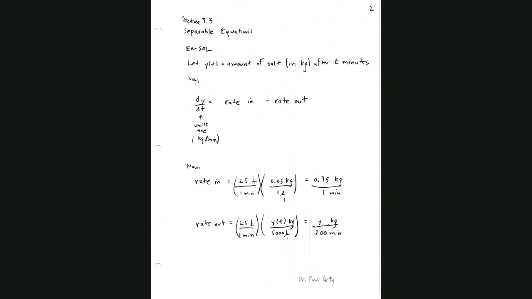So this is our solution. What we're going to do is let y of t be the amount of salt in kilograms after t minutes. The amount of salt in kilograms after t minutes.